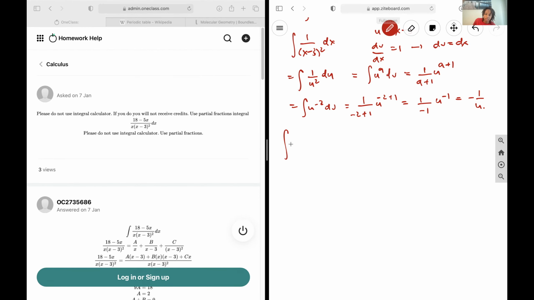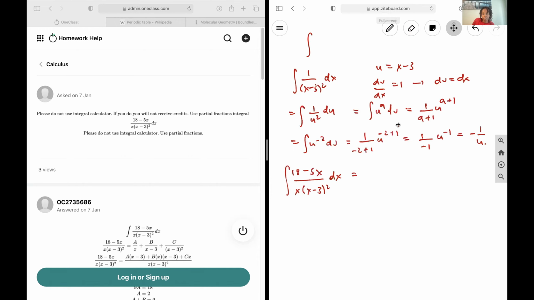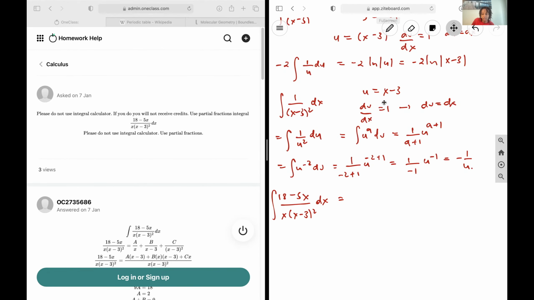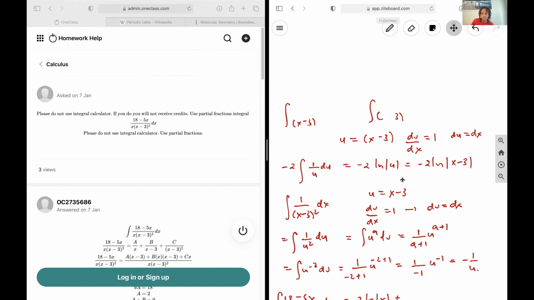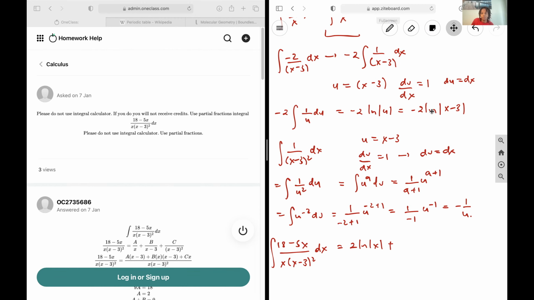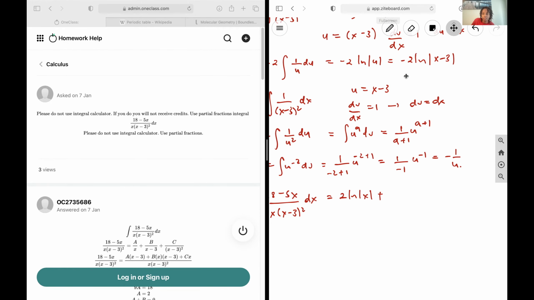So that is going to give us the final answer of the integral of 18 minus 5x over x into x minus 3 squared dx is going to be, so the integral of 2 over x, and we found that that is going to be 2 ln x plus, next up we want the integral of negative 2 over x minus 3. We found that that is negative 2 into the ln of x minus 3. So this will become a negative.